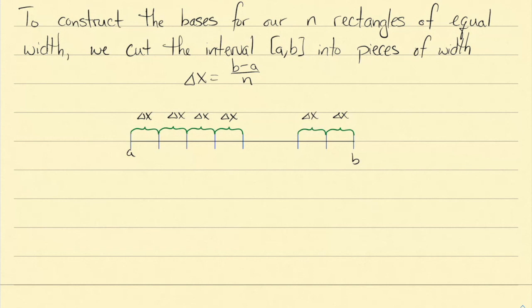So here we can see the stretch from a to b along the x-axis, and you can see that we have cut this into n equally sized pieces, each of them having width delta x. We're going to call each of these pieces a subinterval of a to b, and we're going to number them from left to right.